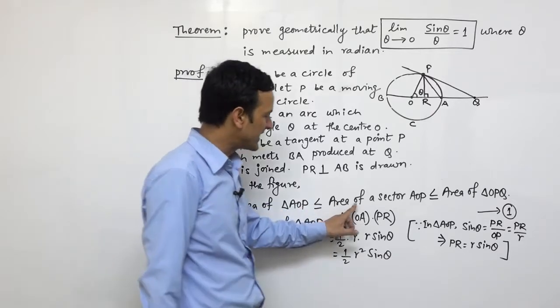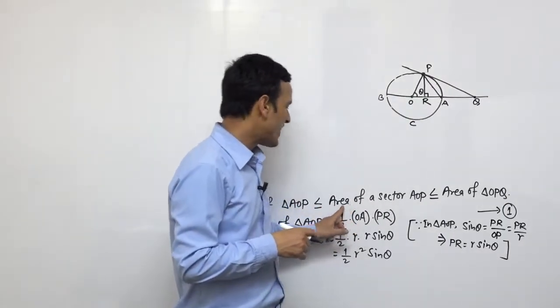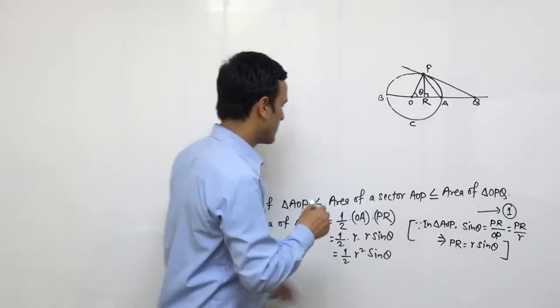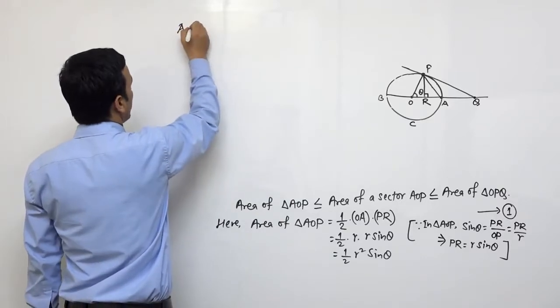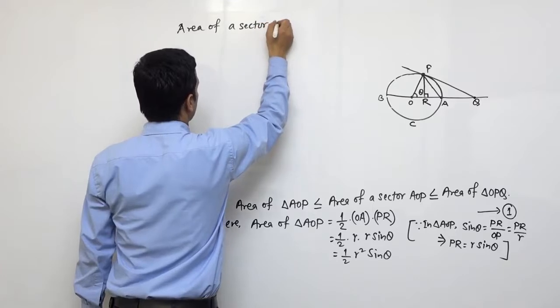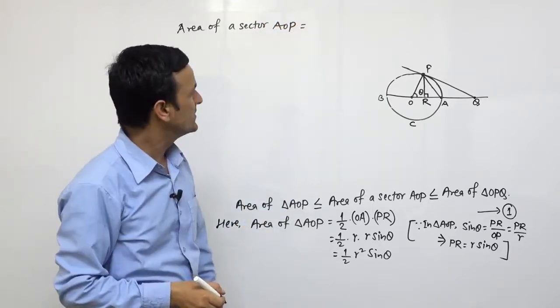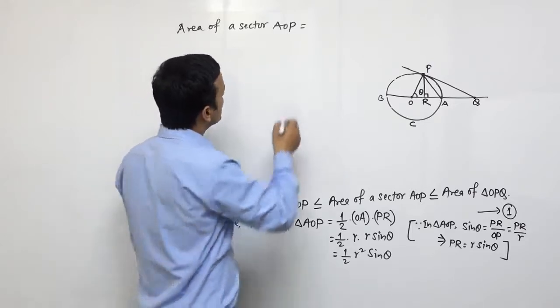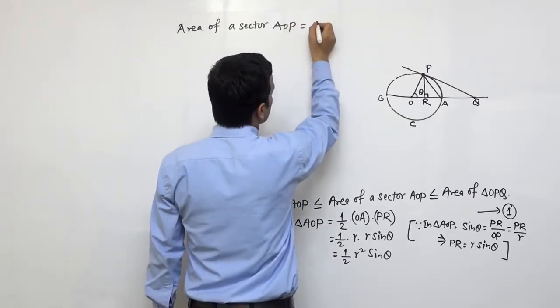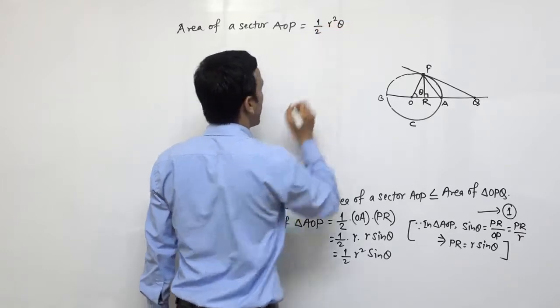Similarly, we can find out the area of sector AOP now. Now our turn is to find the area of sector AOP. So write down area of a sector AOP. So how to find the area of sector? Do you know? So in area of sector, so we have 1 upon 2 R square theta.